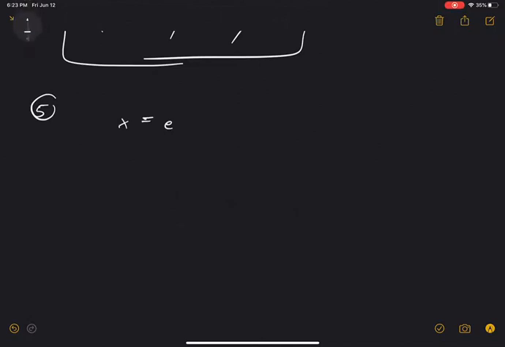Let's say I have x equals e to the power t minus 8 and y equals e to the power of 2 times t. Okay, so I want to eliminate the parameter. So really these are both, I could solve this either way. I could solve for t in this equation, or I could solve for t in this equation, right?